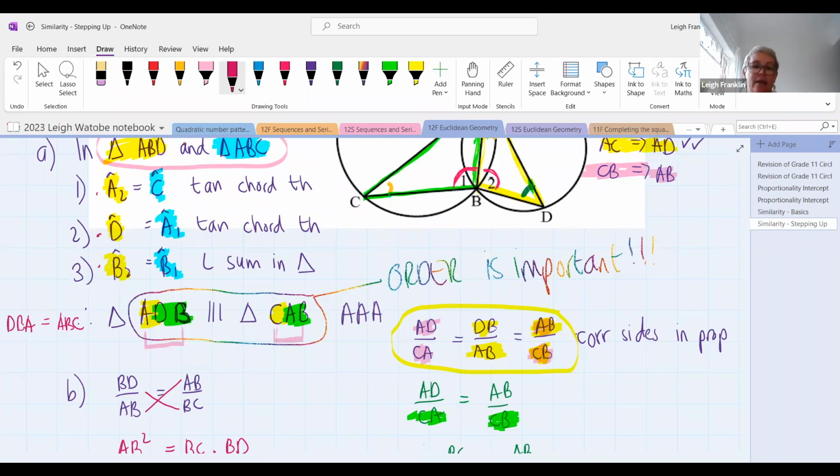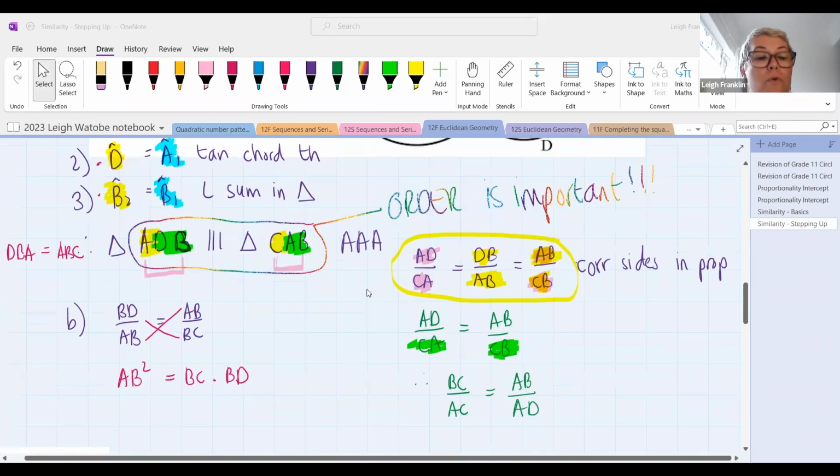Exactly. If you start with A in the one, you've got to start with C in the other. If D is in the middle of the one, then A has got to be in the middle of the other. If you start with D with the one, then A has got to come first as well. That's the idea.